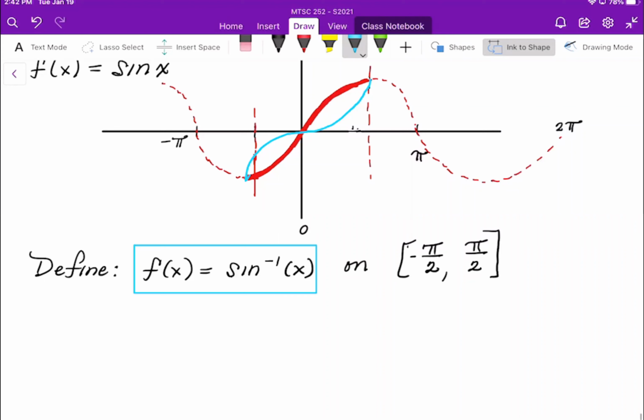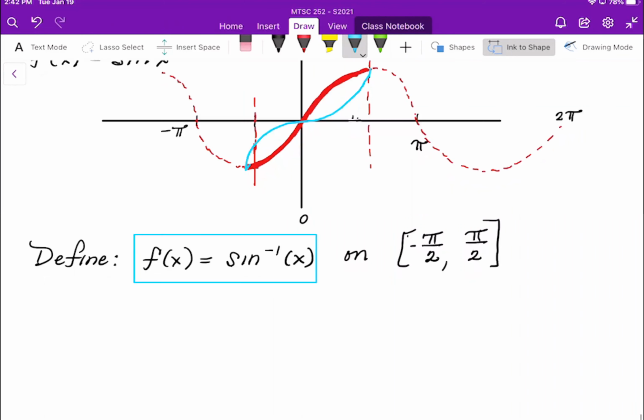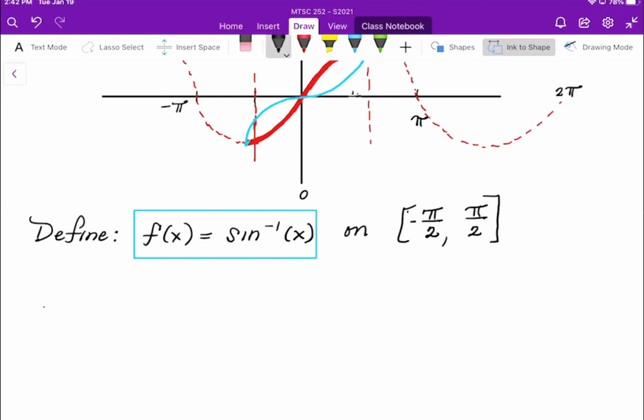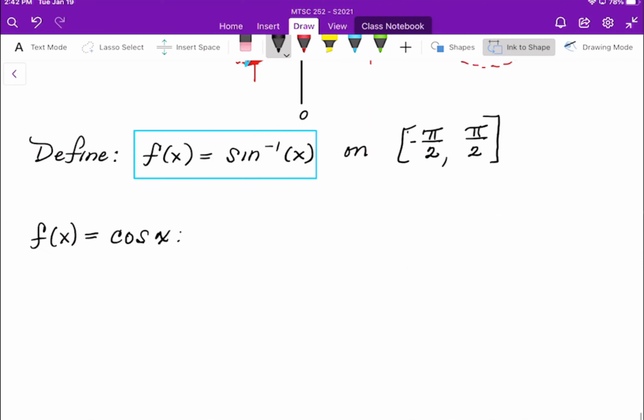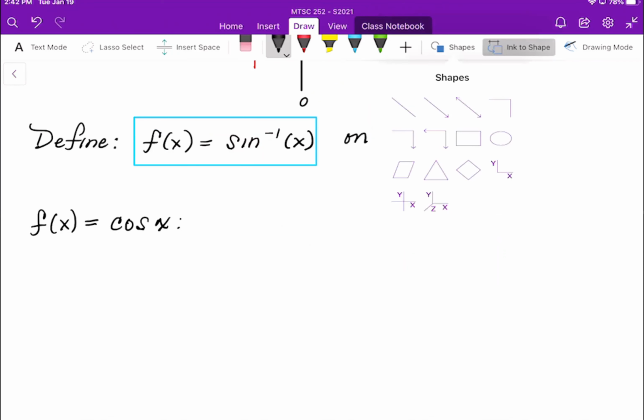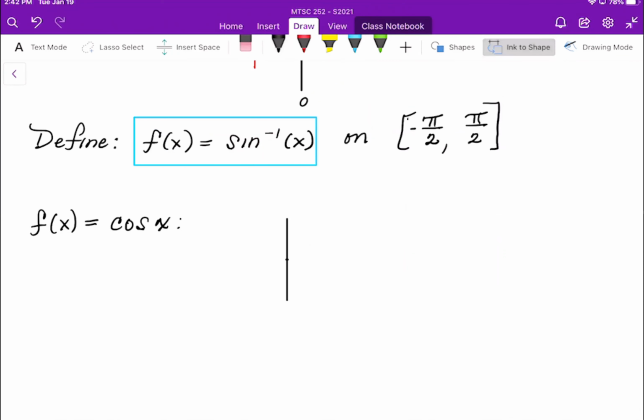Okay. How about the cosine? So f of x equal to the cosine of x. Well, if I draw the cosine of x, so the cosine of x looks like this.